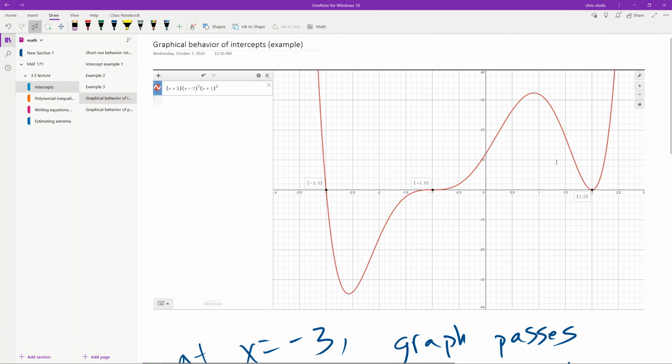Next up, let's look at the far right zero, x equals 2, or the horizontal intercept x equals 2. Notice here that this comes from the x minus 2 quantity squared factor. And here the graph touches the axis at the intercept, and then it changes direction.